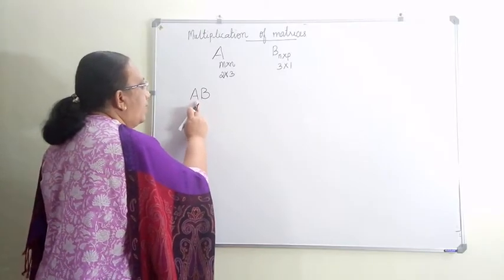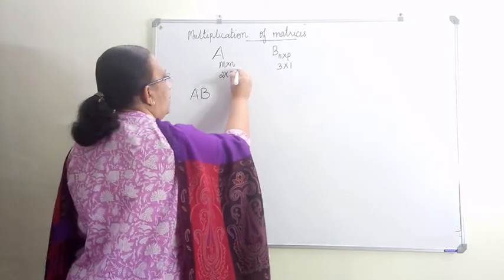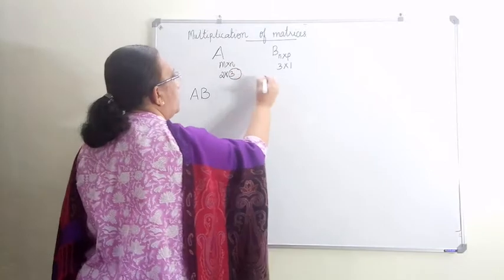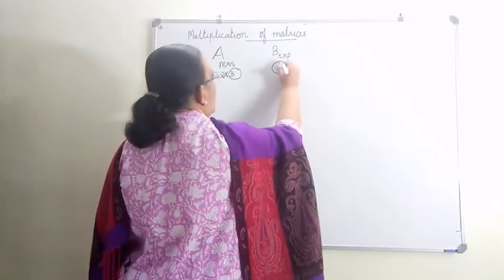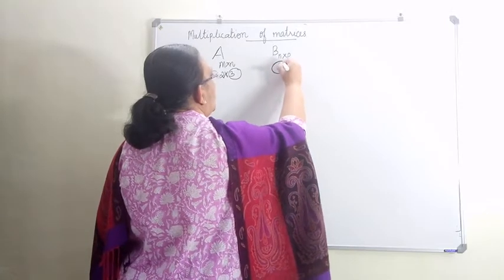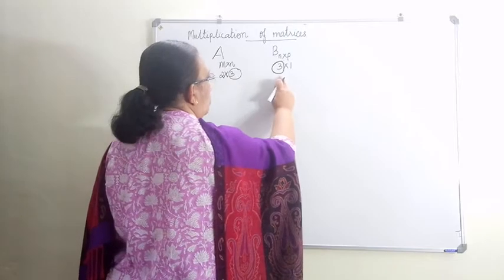Now, in that case, the number of columns of the first matrix should be equal to the number of rows of the second matrix. Column is equal to row.